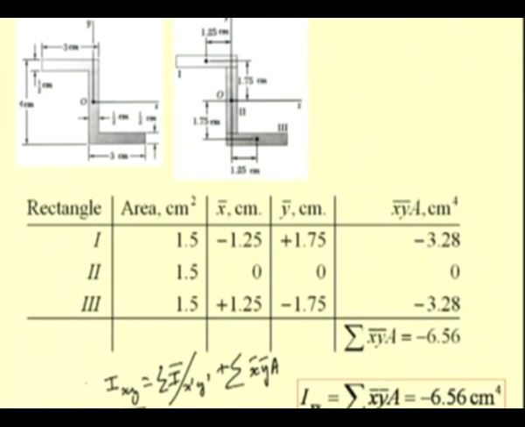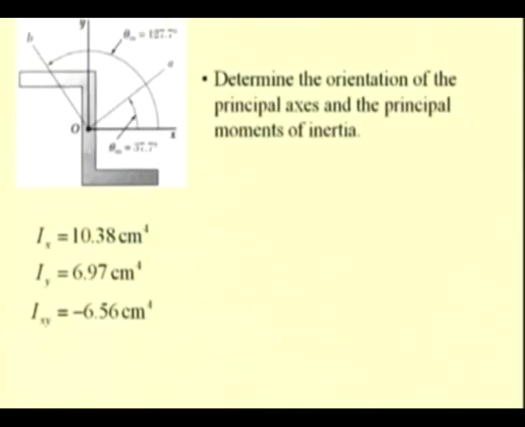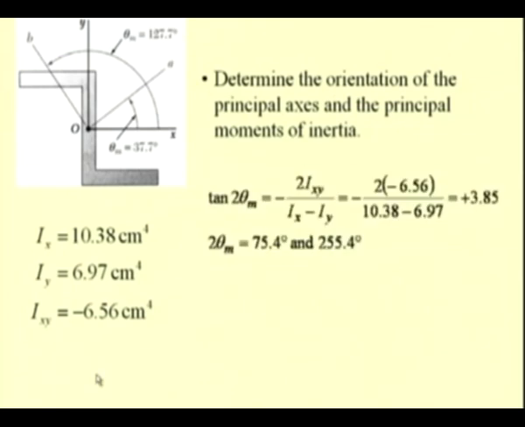Now, we can move on to find the principal moments. We know this Ix, Iy, and just now we determined this Ixy as minus 6.56 centimeter to the power of 4. So, now we can determine the orientation of the principal axis and the principal moments of inertia by considering this equation, that is tan 2 theta m, where this angle theta m is the angle of the principal axes.